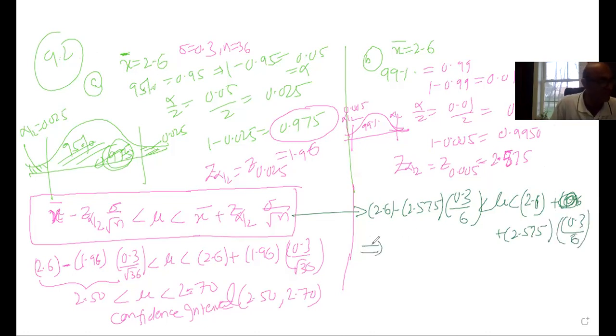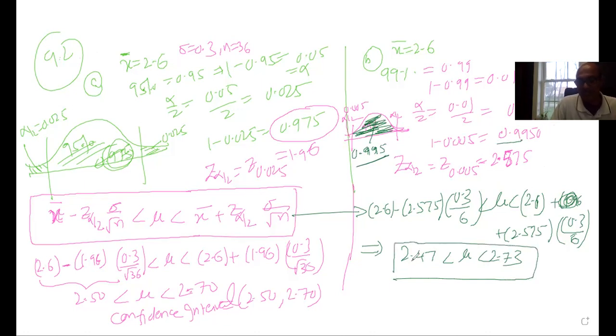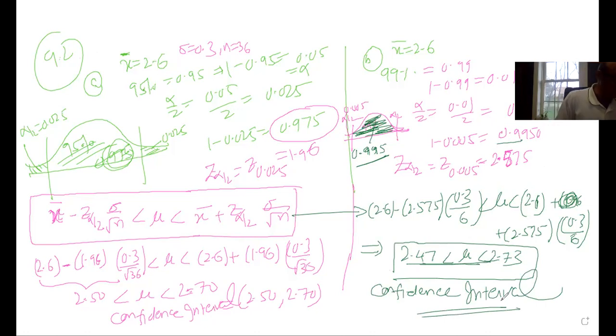If you use your calculator here, you're going to get 2.47 is less than mu is less than 2.73, because you have a little bit more region over here, 99%, and that's why. Because it is a larger area, this confidence interval must be larger than the previous one. So this way, guys, you can solve the examples.